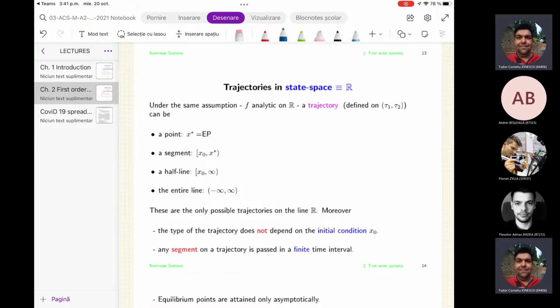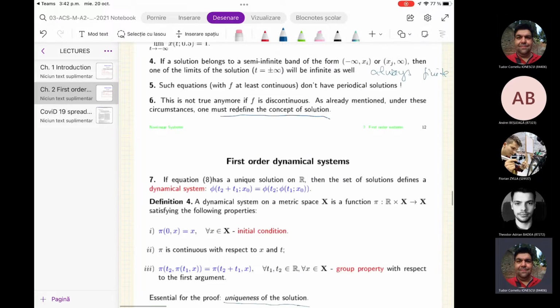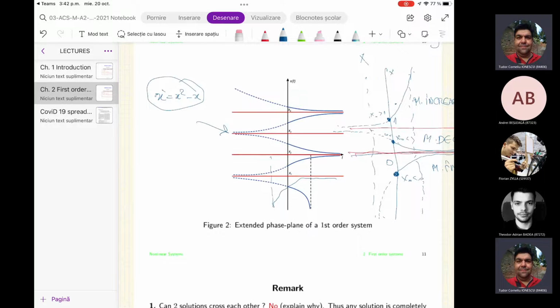Well, now we have to understand the concept of trajectories in the state space, which here in the case of first order systems is the real axis R. Under the same assumption, that is f analytic on the whole real axis, a trajectory defined on a segment of time tau 1 and tau 2 can be an equilibrium point, or a segment between the initial condition x0 and x, like this.